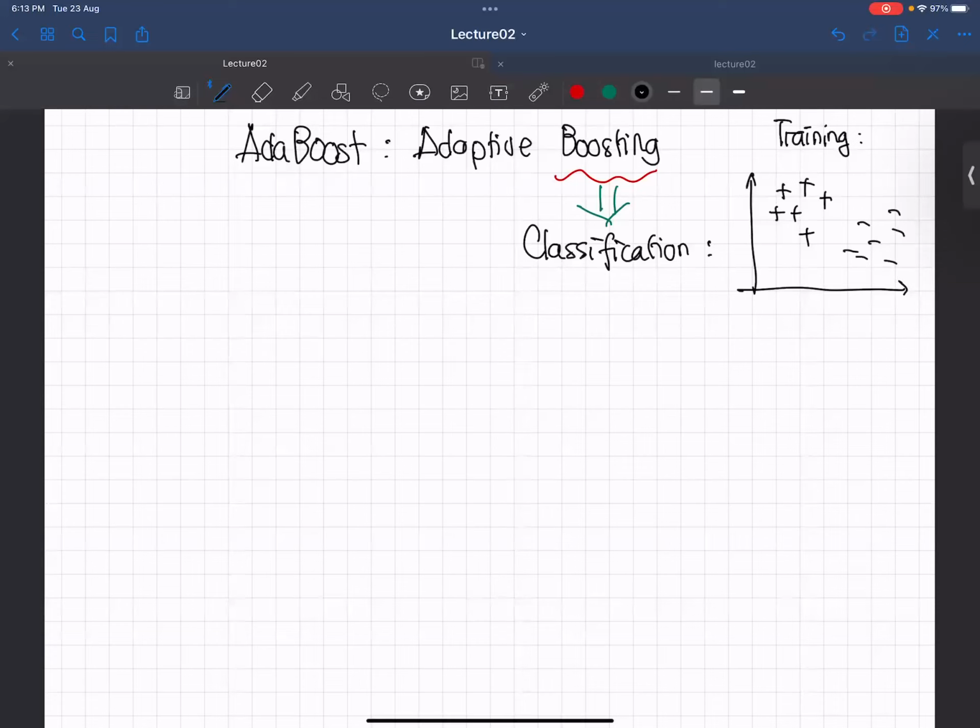The main objective of classification is to find a plane, or in this case a line, that separates the positive from the negative. The line can be a straight line, in which case it's linear classification. But the line can also be non-linear. So there are two types of classification: linear and non-linear.